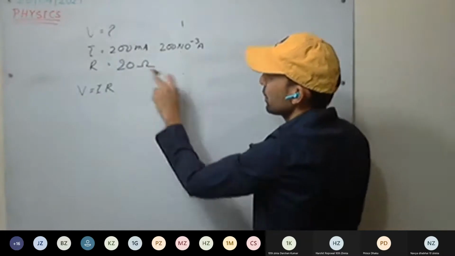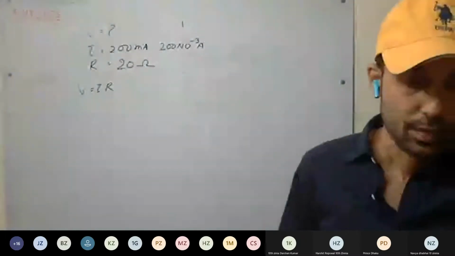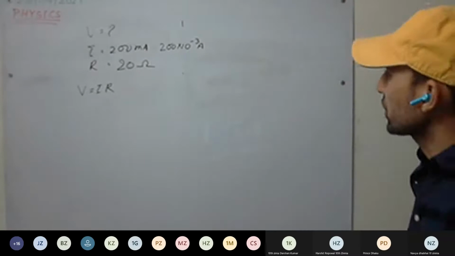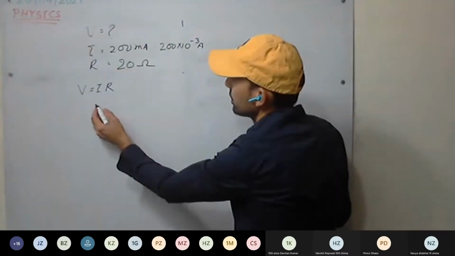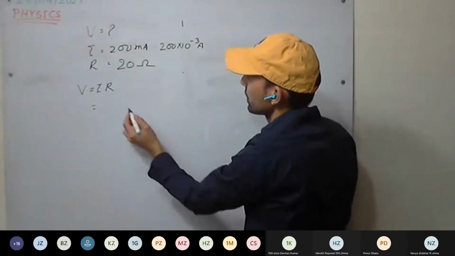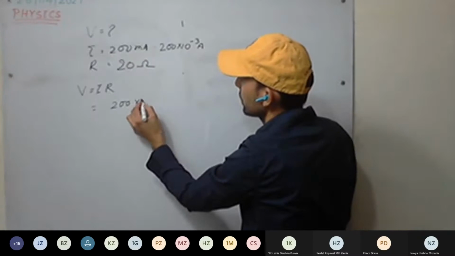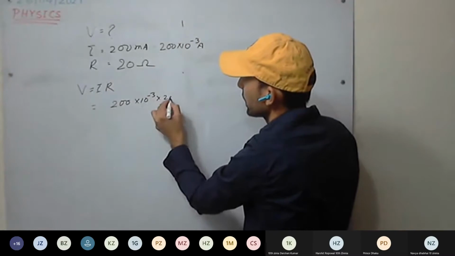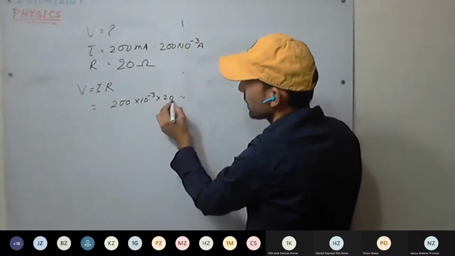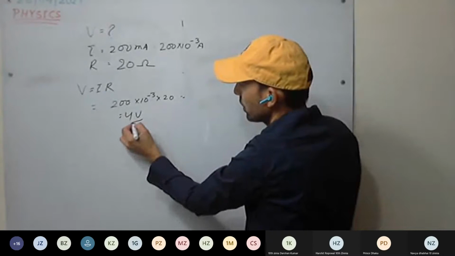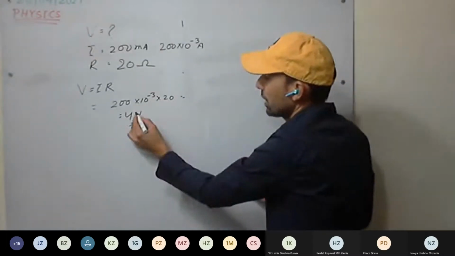V equal to IR, multiply them. Calculate it first. 200 into 10 raised to power minus 3 into 20. It comes out to be 4 volt. Understood?